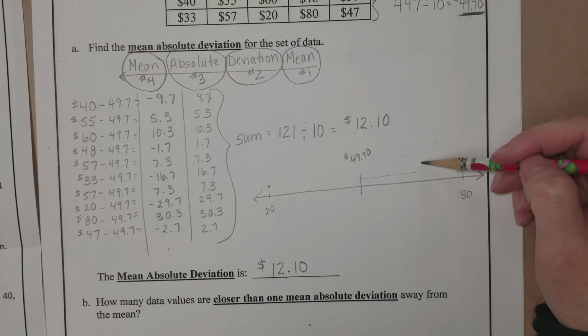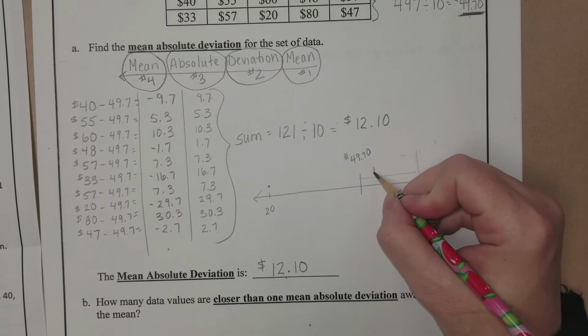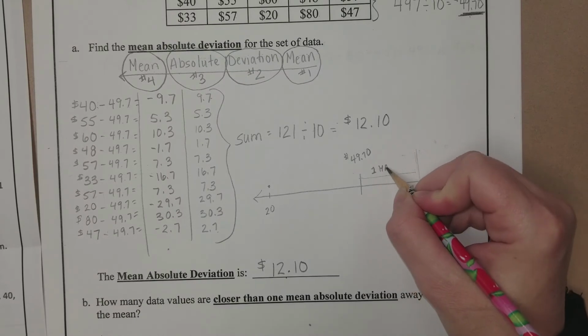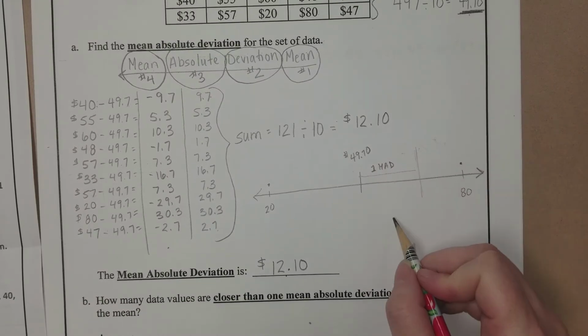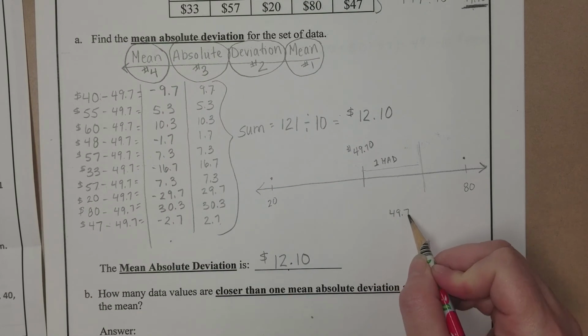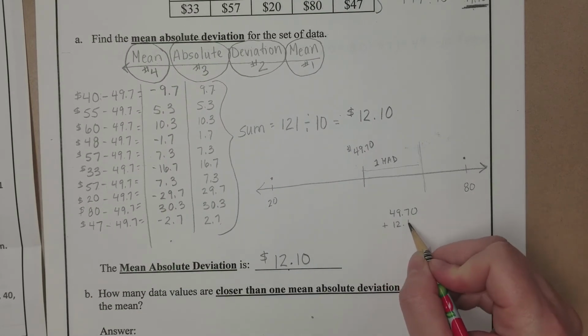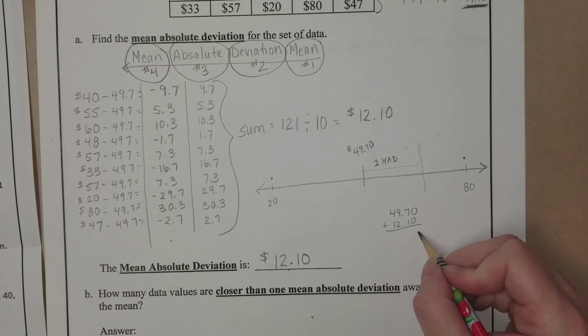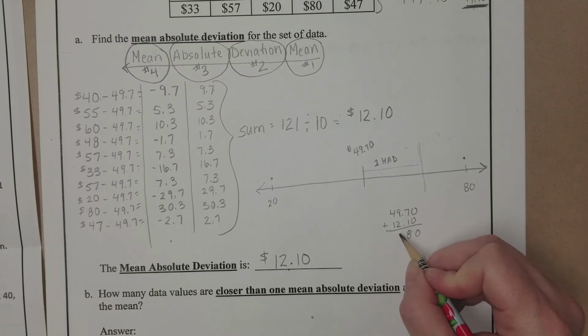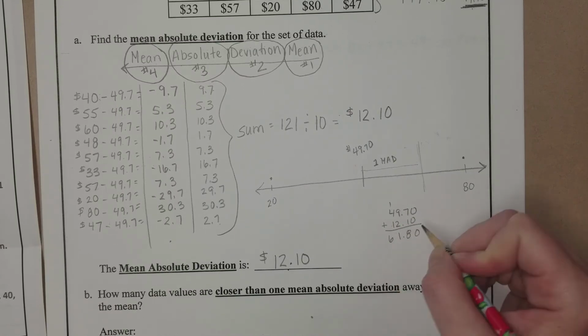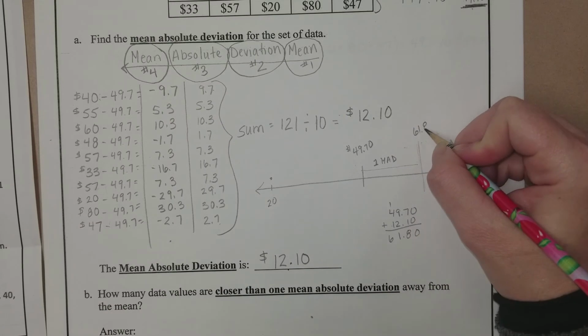So we want to know, this would be one mean absolute deviation away. So we add 49.70 plus $12.10, and that's going to give us $61.80.